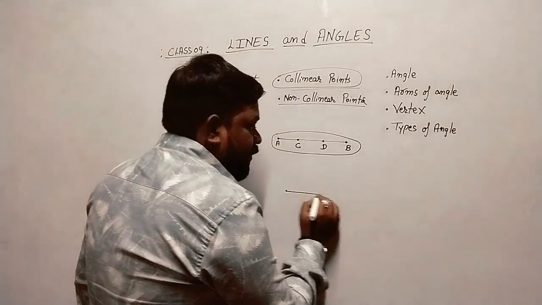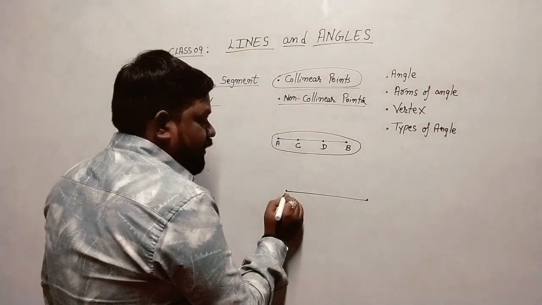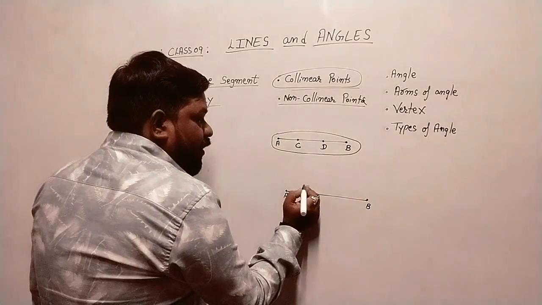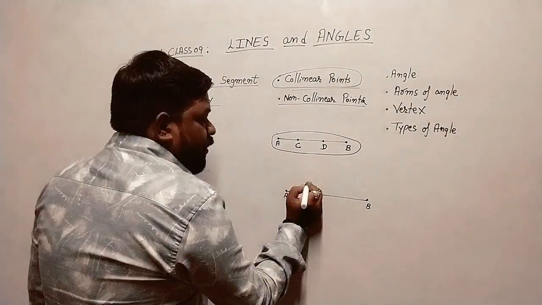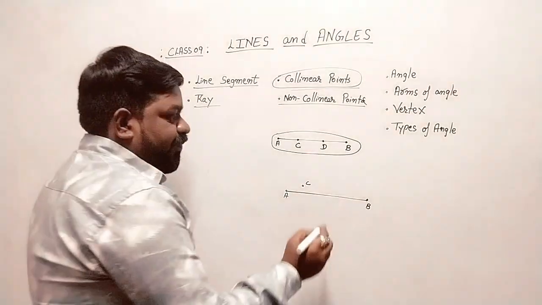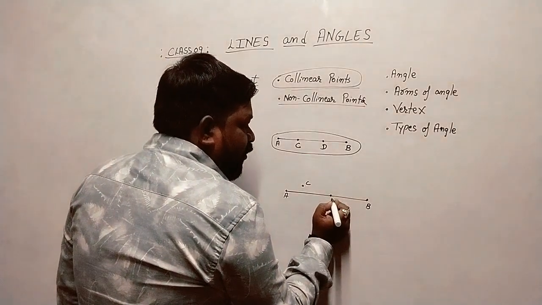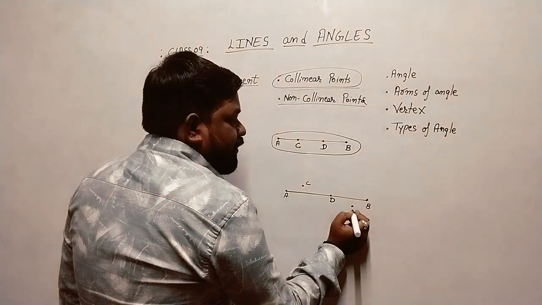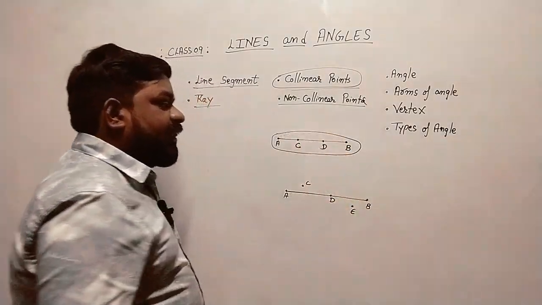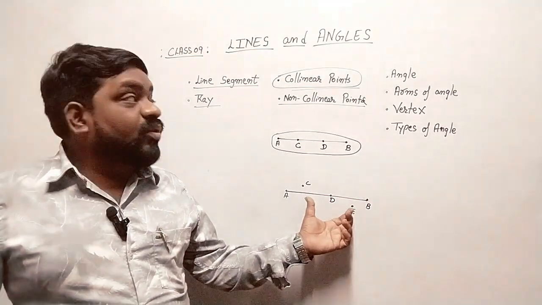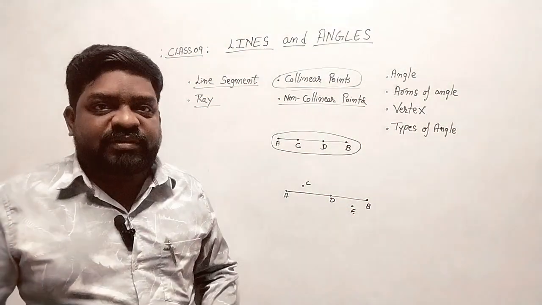If I consider again a line segment AB, now I will mark the point C outside the line segment, mark the point D on the line segment, and mark the point E outside the line segment. Now all these five points are non-collinear points.